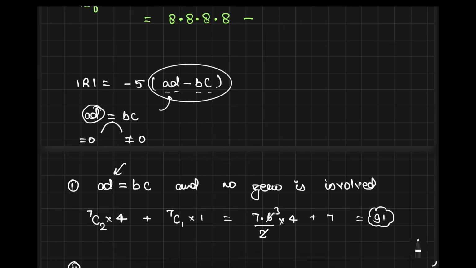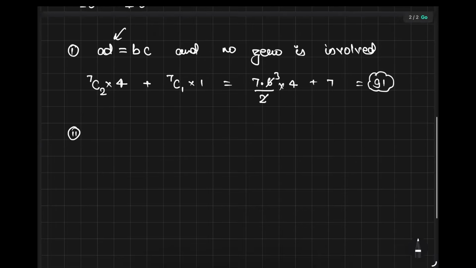Suppose A is 0, you have used only 1 zero, so this element will become 0 and this element will never become 0. So the minimum number of zeros would be 2, then only it is possible. Two zeros are involved.